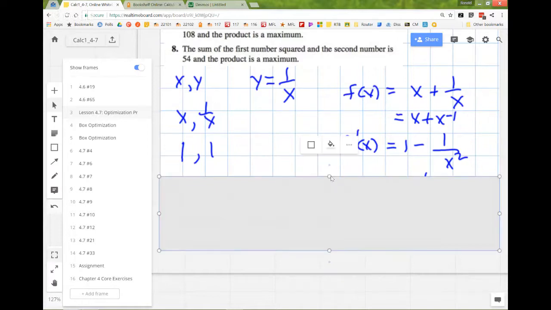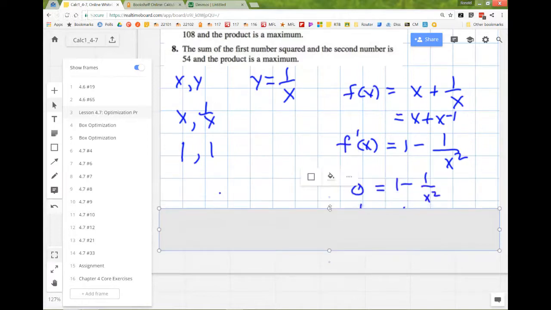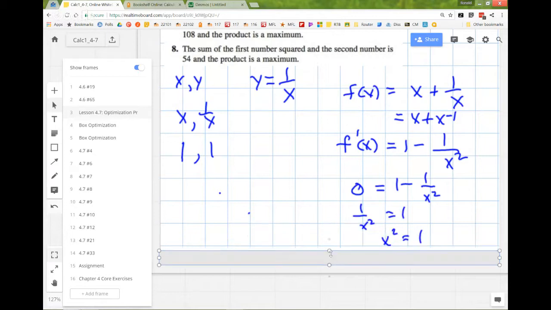And then you set it equal to 0. A little bit of algebra would tell us if we add 1 over x squared to both sides, and then we multiply both sides by x squared. So there's two answers here, 1 and negative 1, but negative 1 violates the principles of the problem. The problem said two positive numbers. So we just got 1.